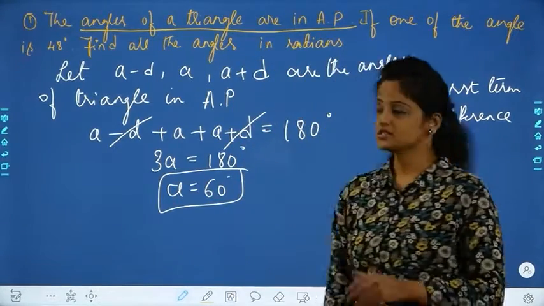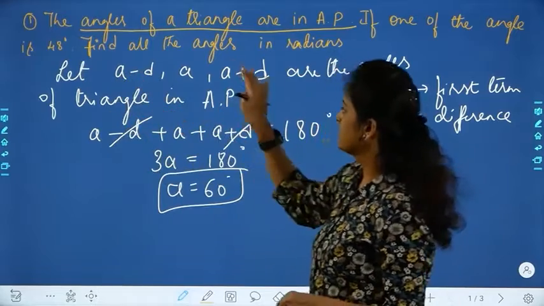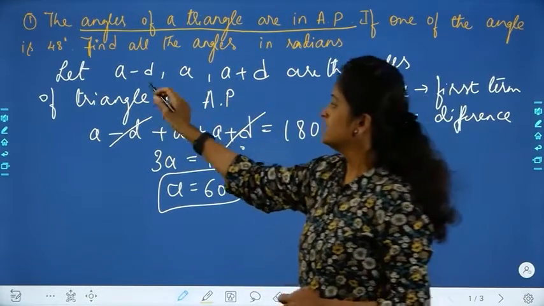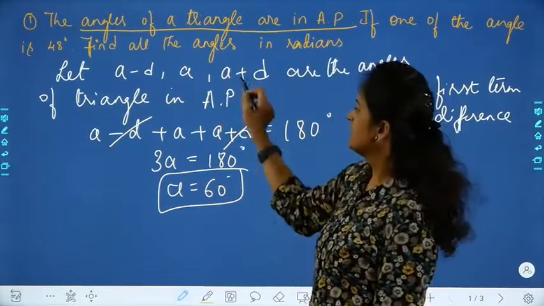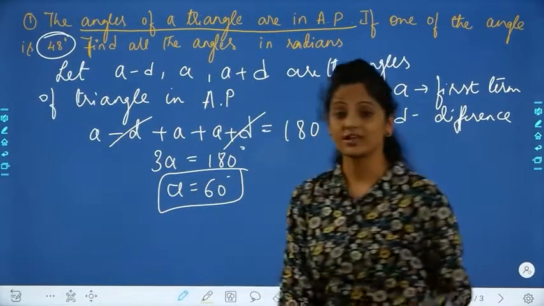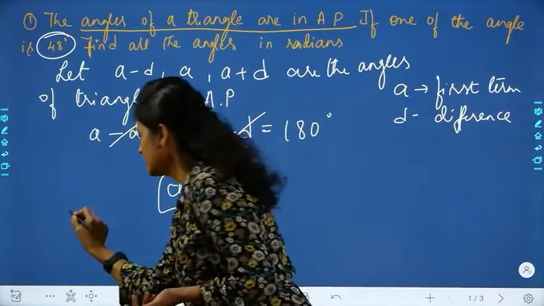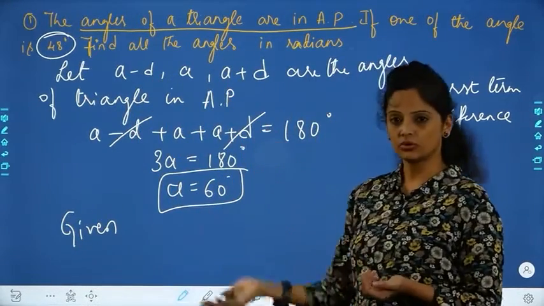A I got as 60, so the difference I have to find out by taking A minus D and A plus D. A minus D is less than this of course, and A plus D will be more than that. One angle is already given, and that has to be A minus D, because it can't be A plus D, which is more than that.